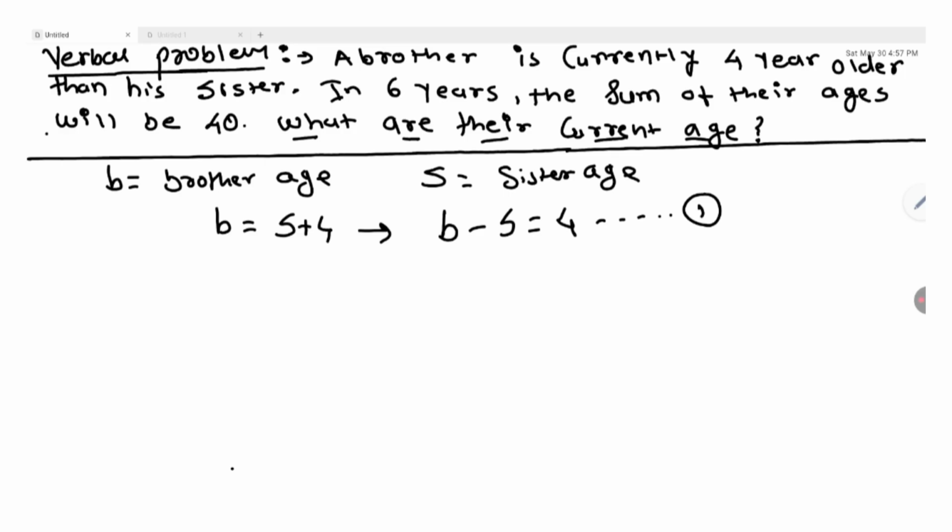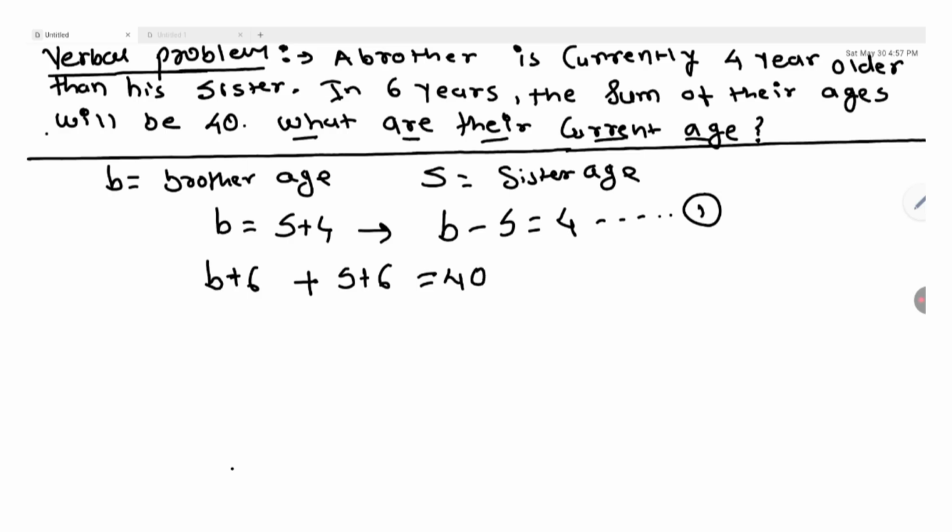Now what is the second condition? In 6 years, the sum of their ages will be 40. Okay. Now I will add 6 years to B and 6 years to the sister's age. Now they are saying the addition of their ages is equal to 40.